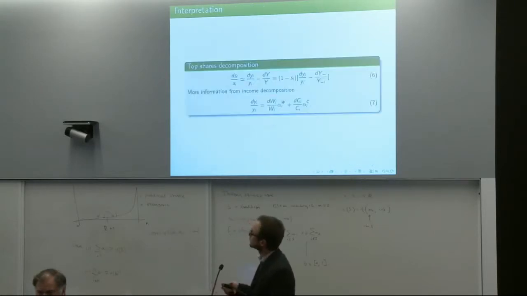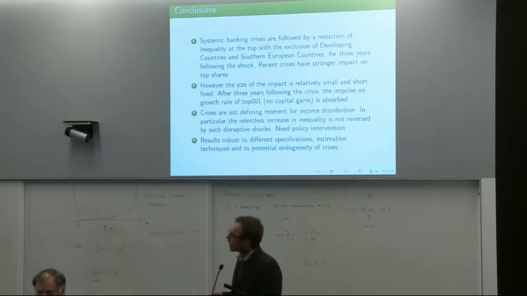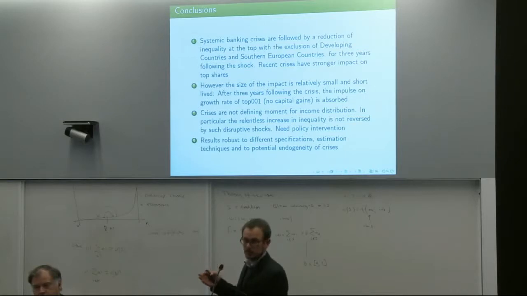So the punchline is crisis and systemic banking crisis seems not to mark a turning point for the income distribution. The overall impact is very small, and it's absorbed within 4 years following the crisis. And there is obviously some heterogeneity across countries and across time.